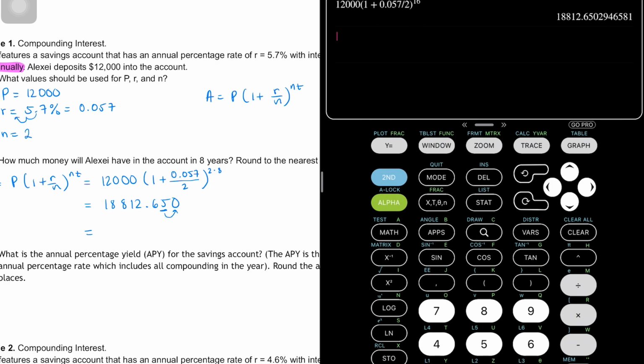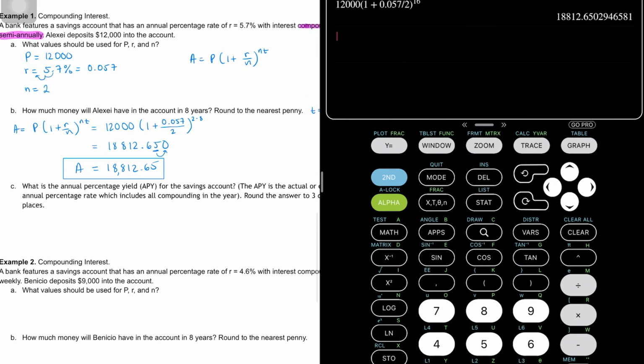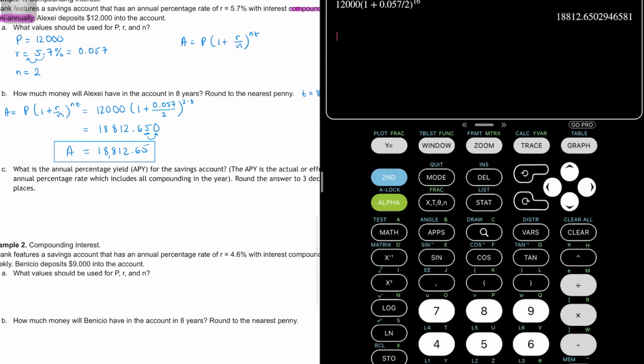That means since 0 is less than 5, we're staying the same, right? When we round, it tells us whether we're going to be rounding up or staying the same. And there you go. So that is how much Alexi is going to have after 8 years in a compounded semi-annually account.